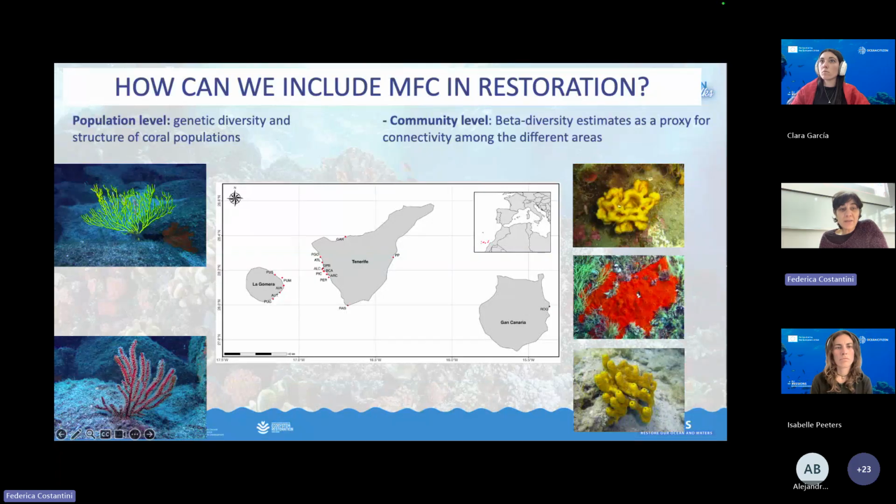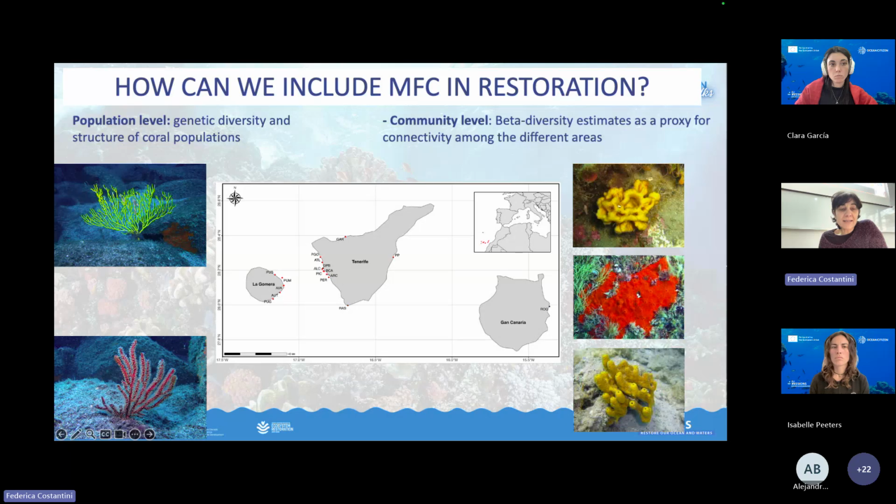At the population level, we sampled two gorgonians, in particular Leptogorgia viminalis and Leptogorgia alberrima, and black corals in shallow and mesophotic environments. For all of these three species, we collected several individuals in different sites to evaluate the genetic diversity of the population and the pattern of connectivity of these species.